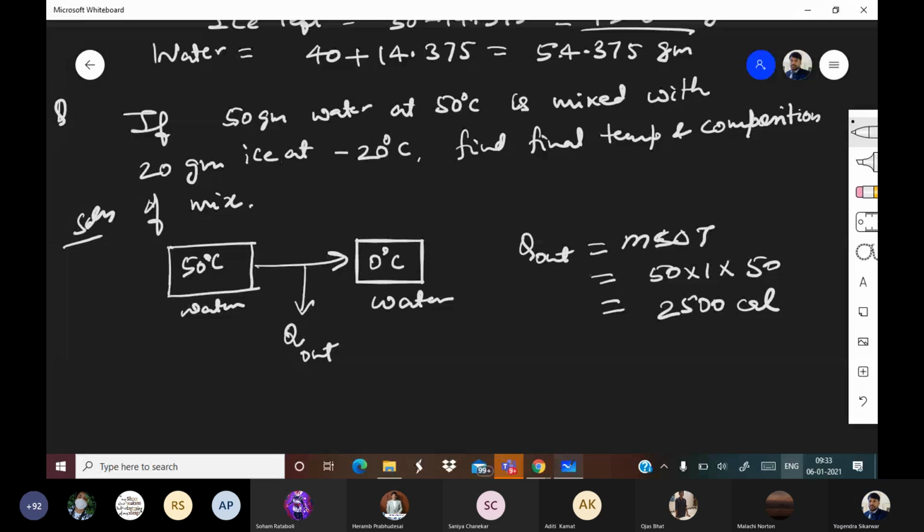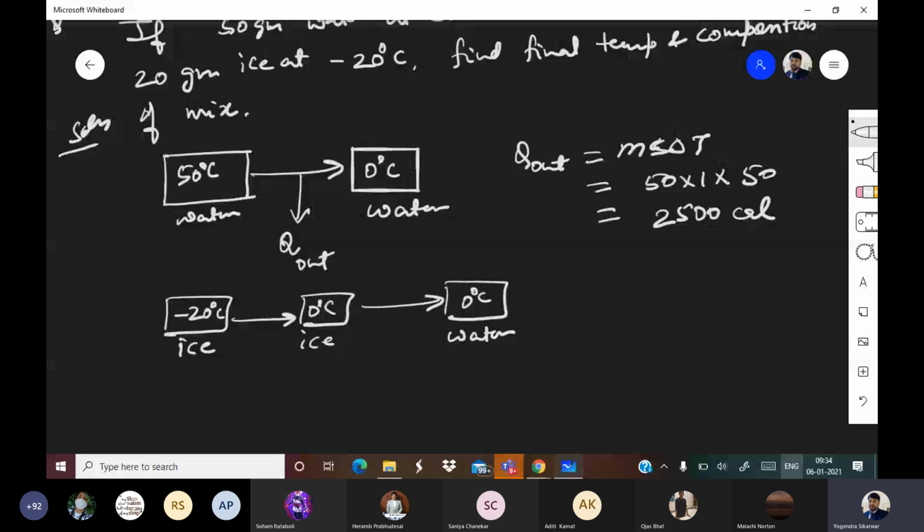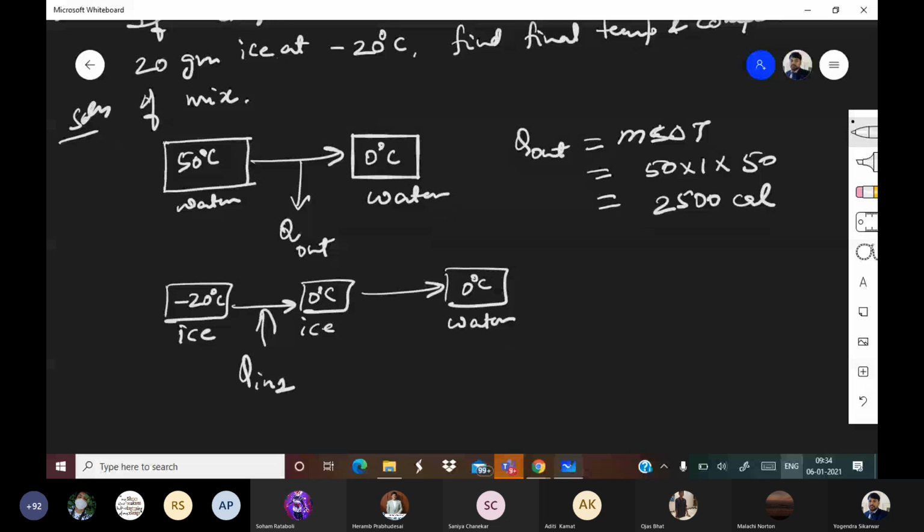All right. Now you have ice at minus 20 degrees Celsius. We need to get it to 0 degrees Celsius, and then to water at 0 degrees Celsius. So at these two places we need to give Q in 1 and Q in 2.